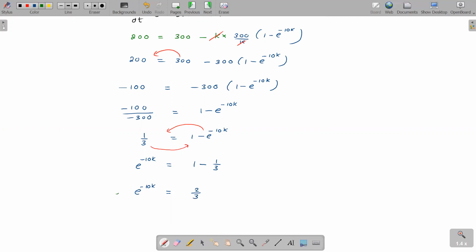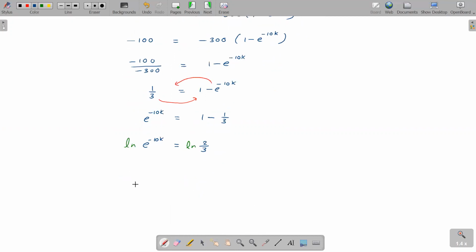Now let's put ln to both sides. So minus 10k comes out: minus 10k times ln e equals ln 2 over 3. ln e becomes 1. So k equals minus 1 over 10 ln 2 over 3.